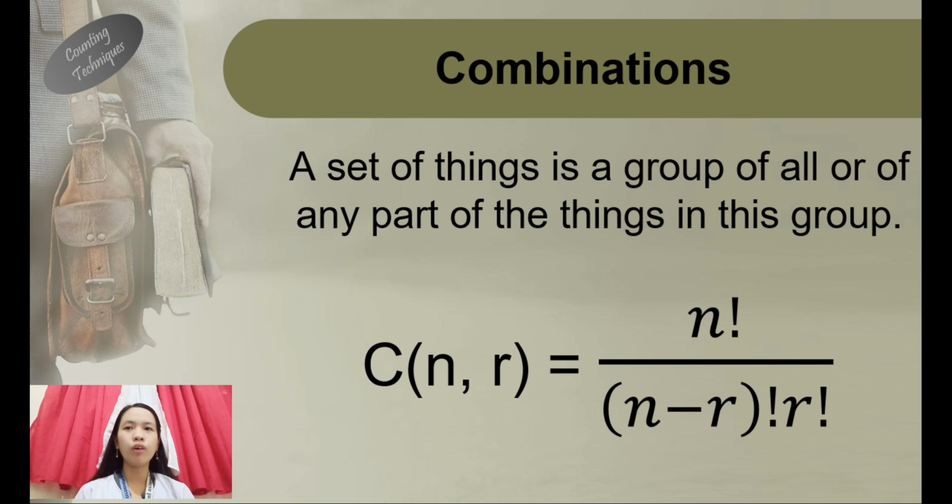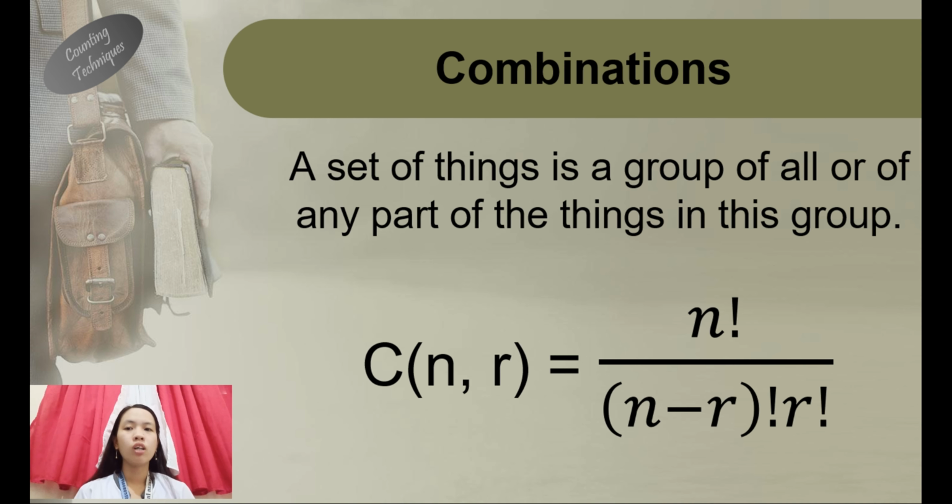Let us now move on to combination, also called the combinatorial rule. So, here's the definition of combination. A combination is a group of all or of any part of the things in a set, or it is a collection of objects in no particular order.